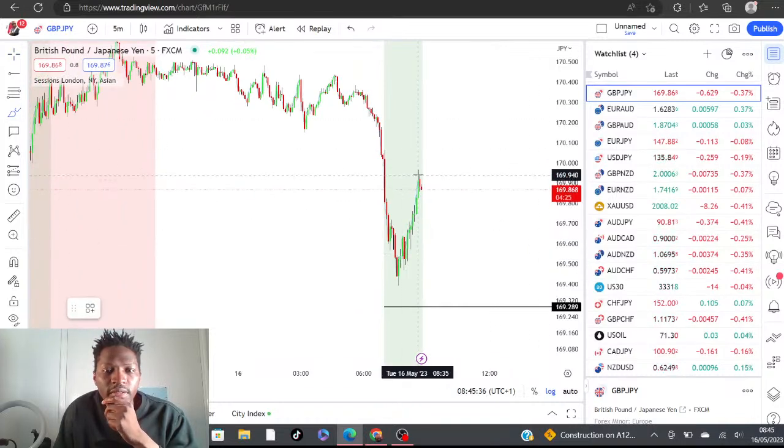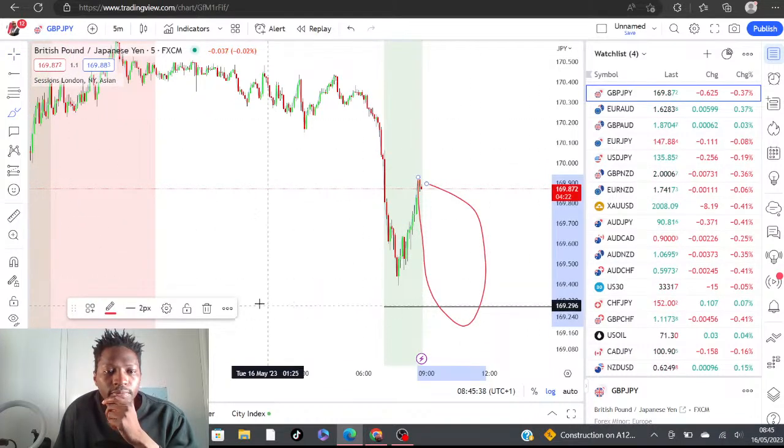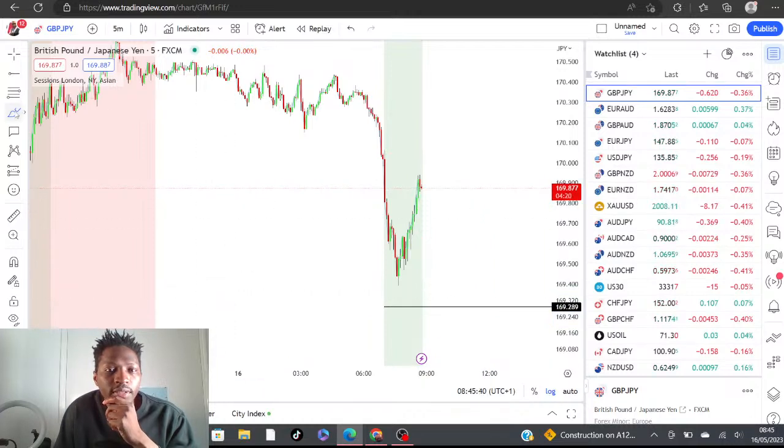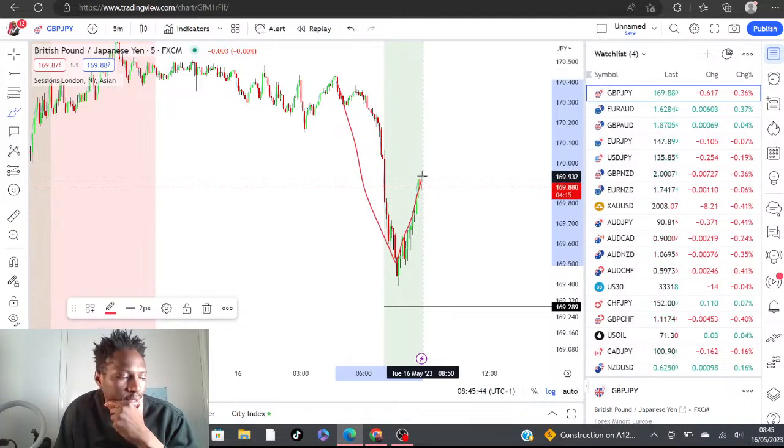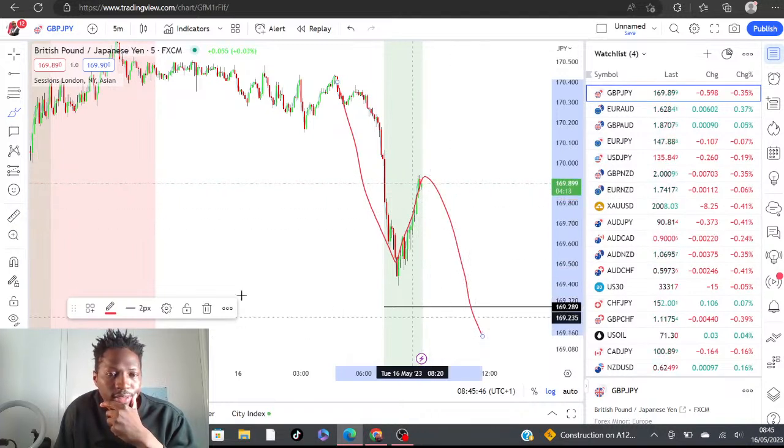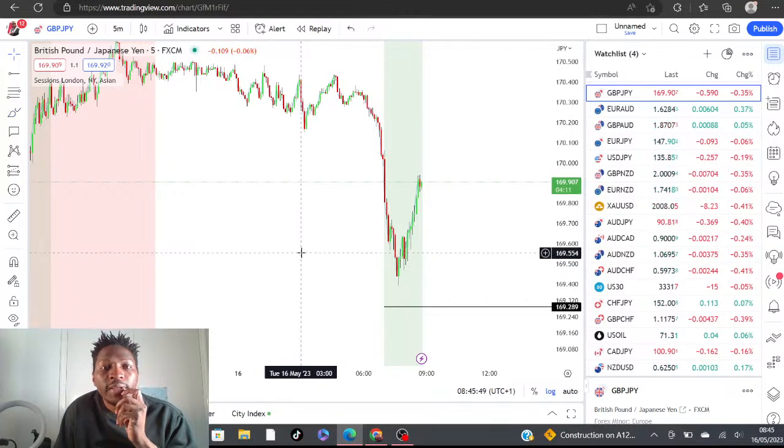Yeah, I won't be surprised if the next move of this market is down again, because this is another scenario where you have an impulse leg and you're getting a pullback, a slight retracement. So this market could continue going down.